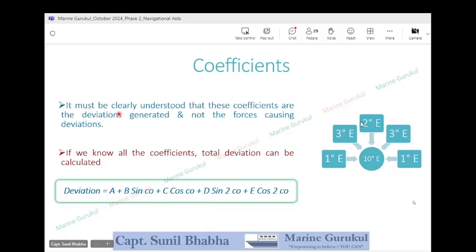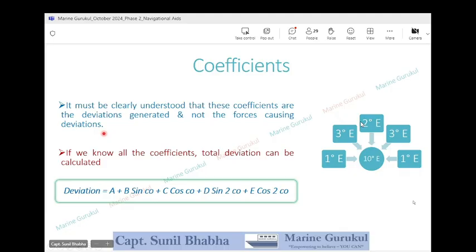It must be clearly understood that these coefficients are the deviations generated, or parts of the deviation generated, and these are not the forces causing deviations. The forces causing deviations are the permanent magnetism, understood by breaking it down into 3 components: P component in the fore and aft direction, Q component in the athwartship direction, and R component in the vertical direction.